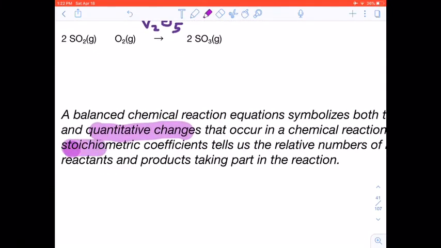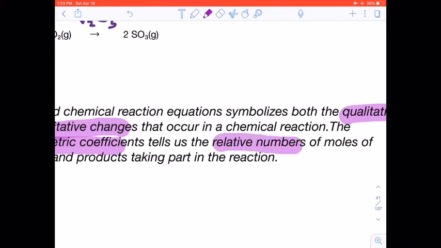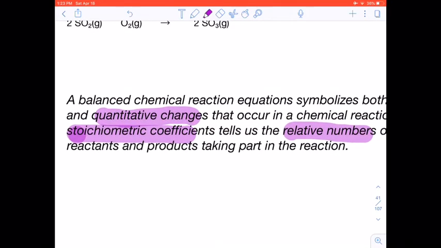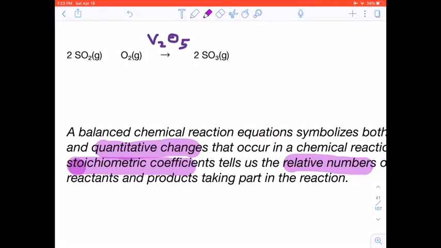The stoichiometric coefficients, that's the numbers in front, tell us the relative numbers of moles of reactants and products taking part in the reaction. So these are our stoichiometric coefficients. Oxygen here, we don't have to write 1, so the coefficient of O2 is 1, and then the coefficient of SO3 is 2.